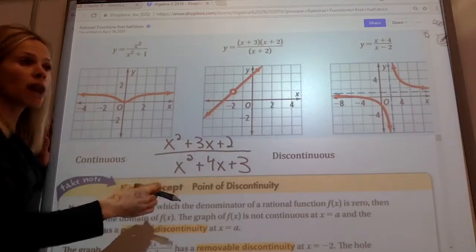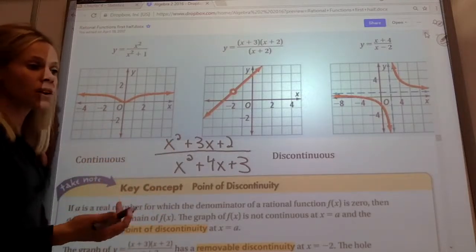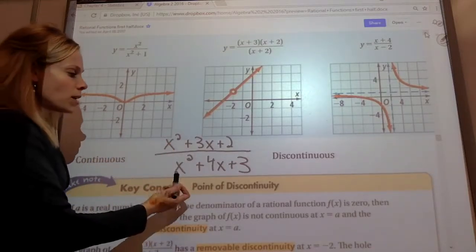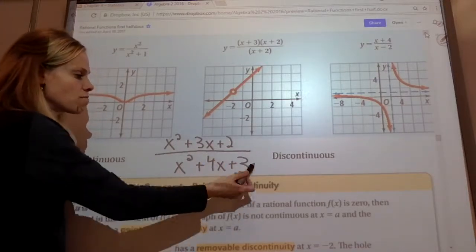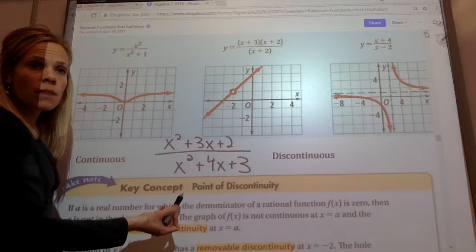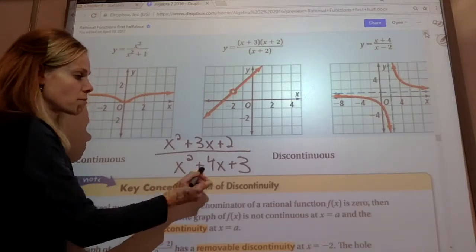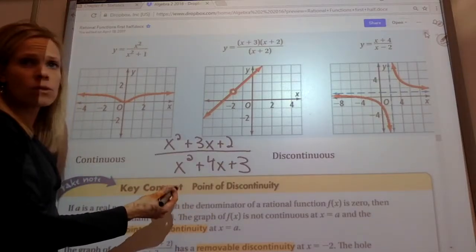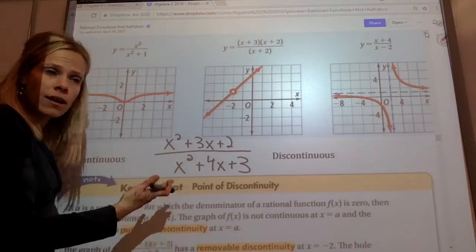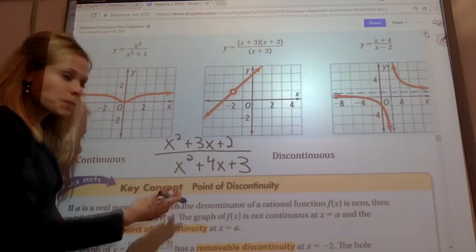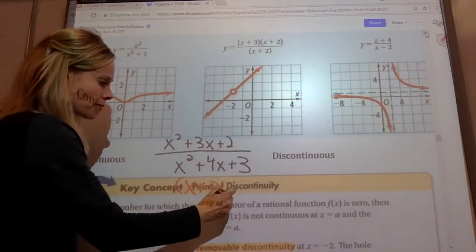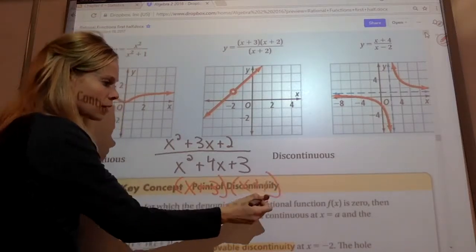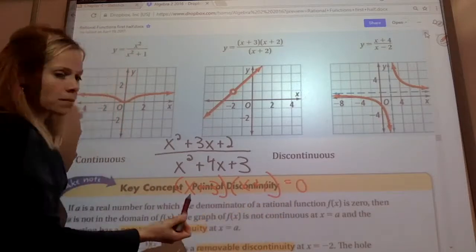So when I'm looking at domain, what x values I can have, we need to look at the bottom and say, okay, what x values would make this bottom 0? Because x values that make the bottom 0, I can't have those in my domain because you can't have 0 in the bottom of a fraction. So we factor, right? And what values would make the bottom 0?